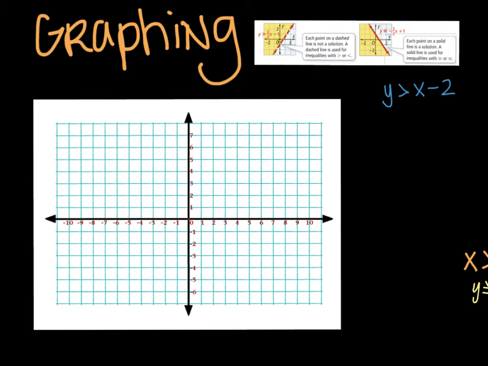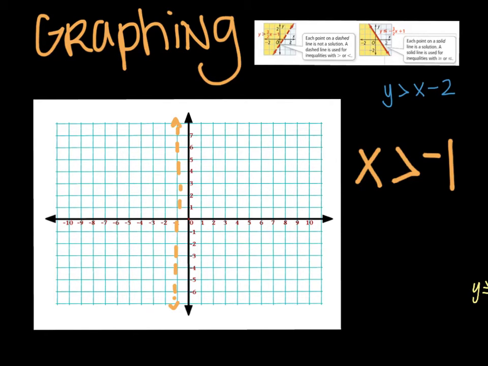Right, now we're going to talk about two special cases. The first one is x is greater than negative 1. You've seen x equals negative 1, so you're going to use that as the boundary line. Because it says x equals, that means it is a vertical line that crosses the x-axis at negative 1. So here's my boundary line. I'm doing a dotted one because there's not an equal to sign.